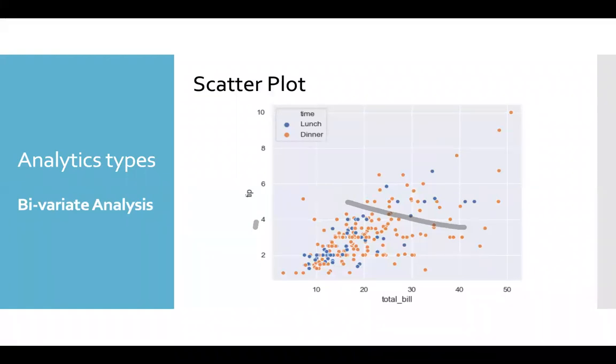Now here you've got the scatter plot. You can see that the scatter plot gives you a lot of idea about various things. If you get to see a plot like this, showing how your lunch and dinner values are, then it can give you the first step of bivariate analysis. Just think about bivariate analysis as two different columns.